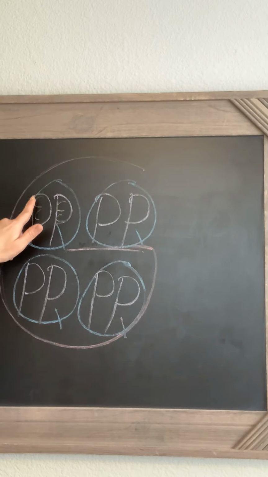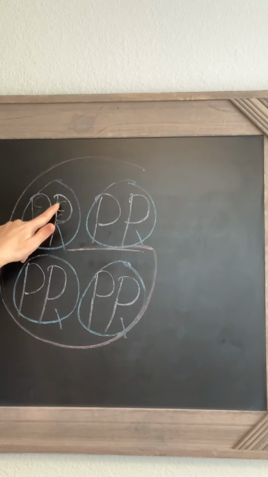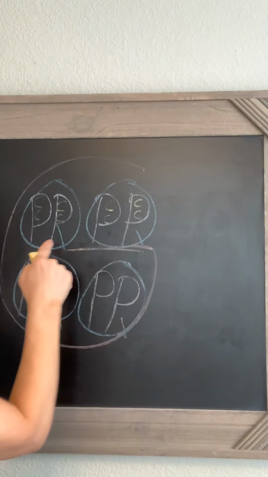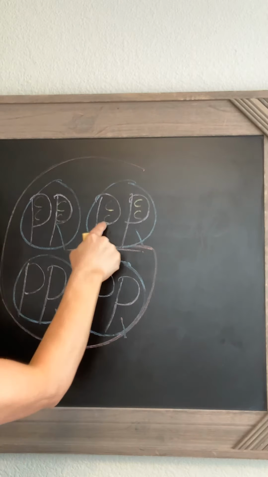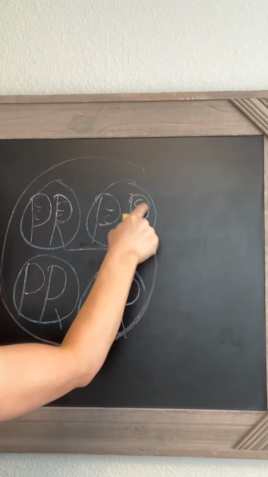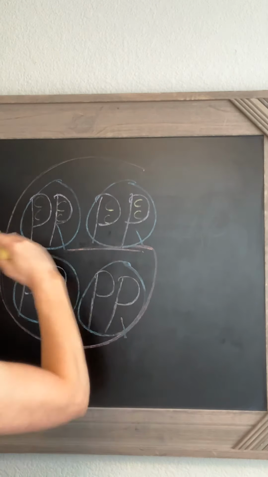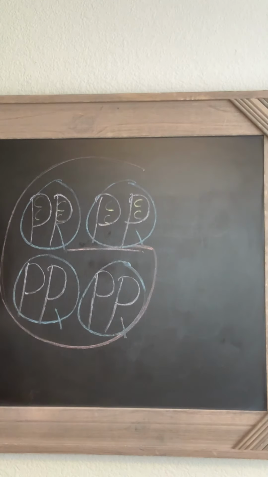We have 4 cups equal 2 pints, and 4 cups equal 1 quart. 2, 4, 6, 8. 8 cups equal 4 pints, and 8 cups equal 2 quarts. And 2 quarts is half of a gallon. So half of a gallon is 2, 4, 6, 8 cups.